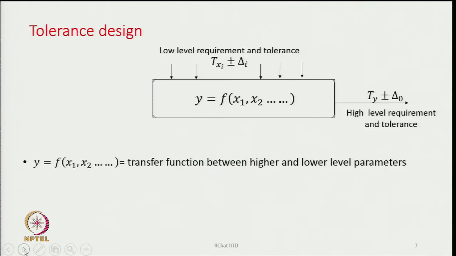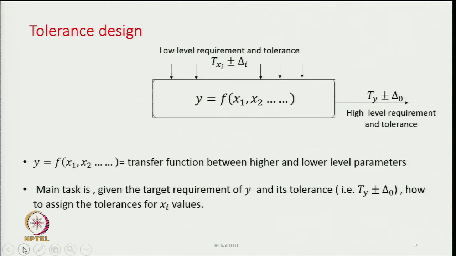So, in the tolerance design, there is a high level requirement and tolerance, and there is a low level requirement and tolerance. Low level requirement means the property, basically an independent variable that affects a dependent variable, that depends upon these independent parameters.